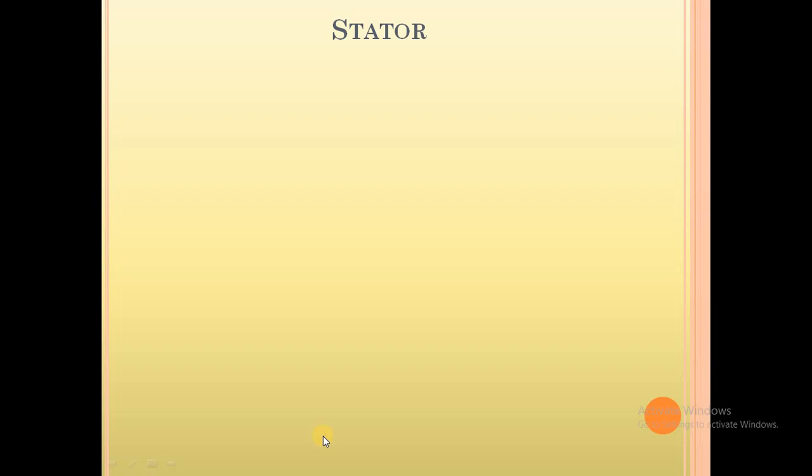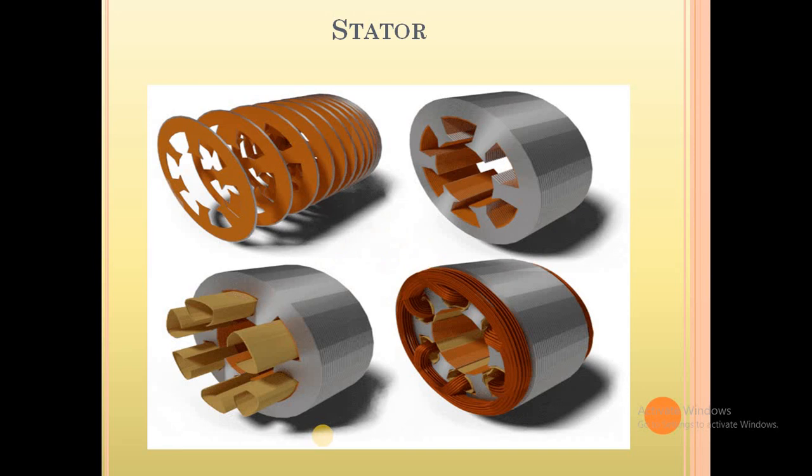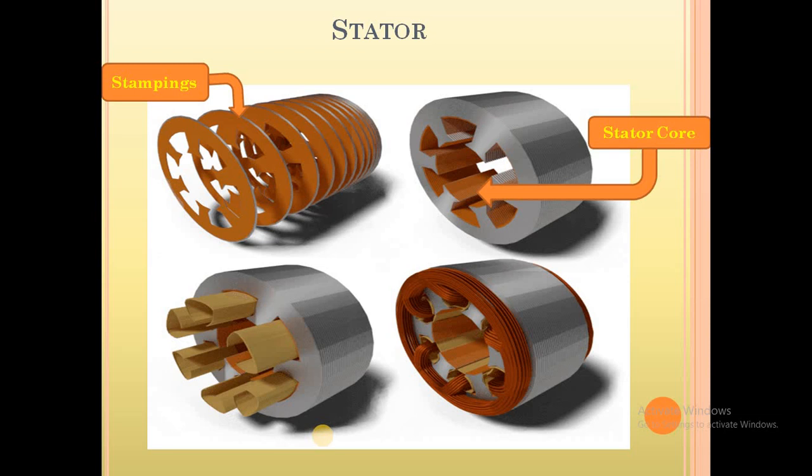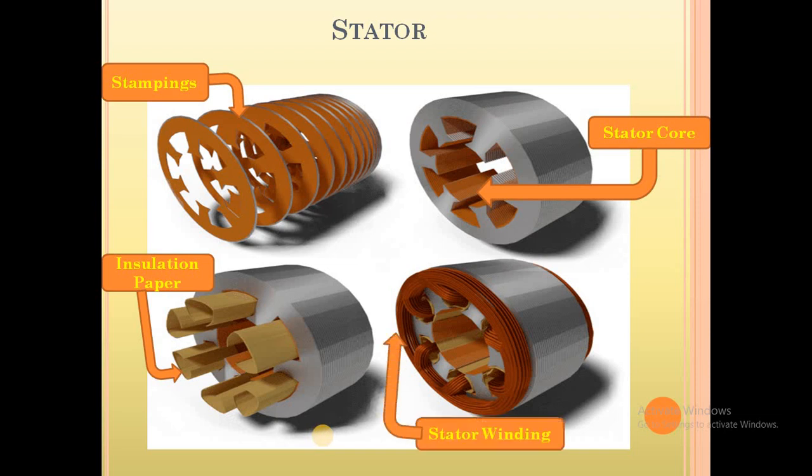Now we'll see one by one the important parts, first the stator. Here is the stator diagram I have taken. Stampings are stacked together to form a solid stator core, and in the stator core first insulation papers are inserted, and then in that insulation paper the stator winding is inserted. The laminations or stampings are very thin, and when they are stacked together we get the solid stator core.